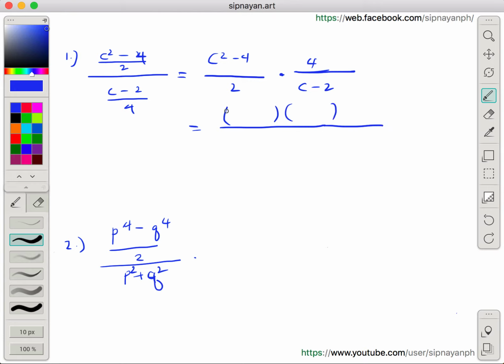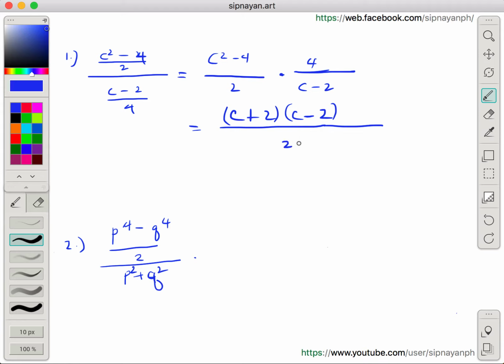Yung first terms ng dalawang yan ay square root nito, yun ay c. Ang second terms nila ay square root ng 4, 2, and then yung isa sa kanila ay plus tsaka minus. No? So that's the standard method of factoring perfect squares or difference of two squares.